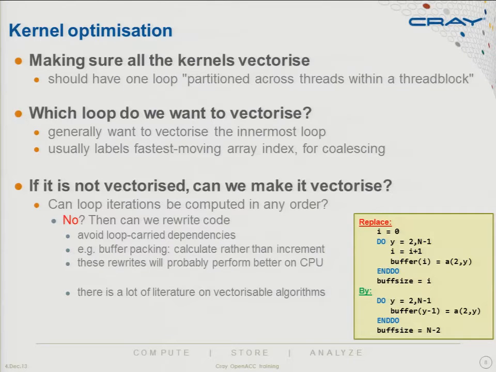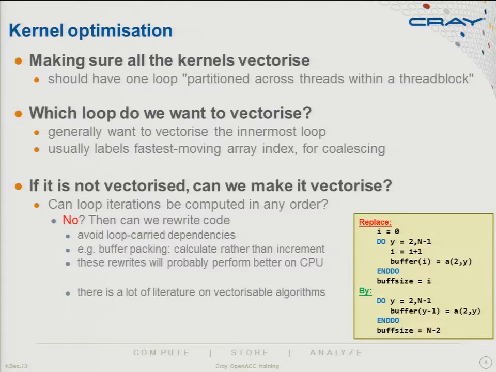Is it because your algorithm isn't vectorizable? Can the loop iterations be computed in any order? If not, you may need to rewrite the code. It'll probably work much better on the CPU as well. So if you're packing a buffer and it just uses this incremented index to work out where in the buffer to put the elements, and then at the end, it uses the last value of this to tell it the size of the buffer, and you see this in an MPI code, it's quick and dirty code to write.